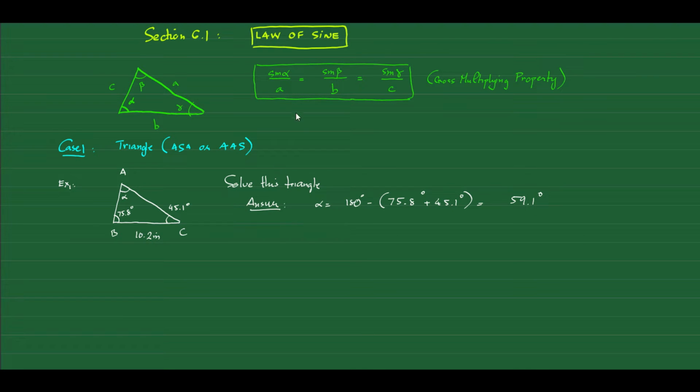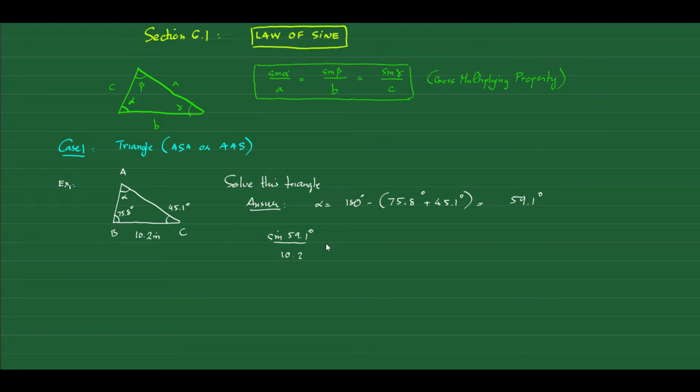Then we're gonna apply the law of sine. So we're gonna set up sine of alpha, sine of 59.1 over A. A is the other side, the opposite the angle alpha.